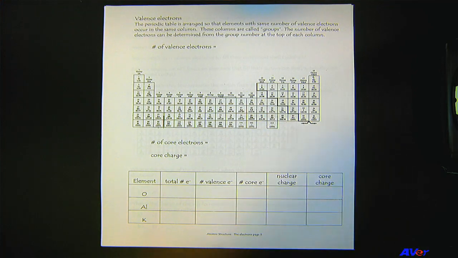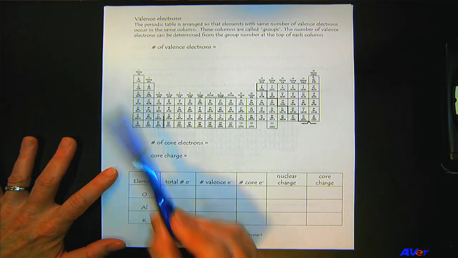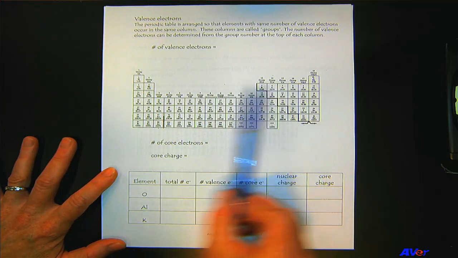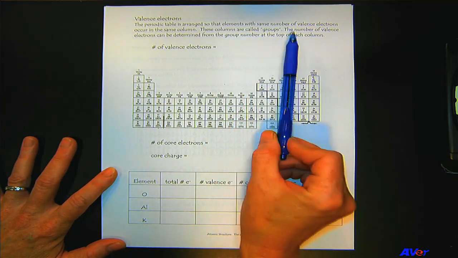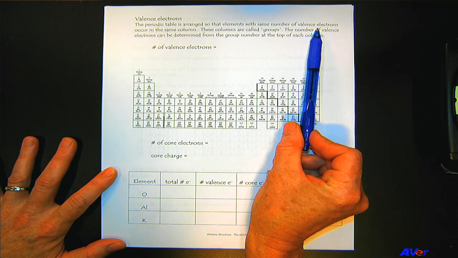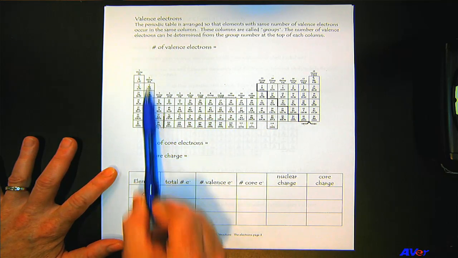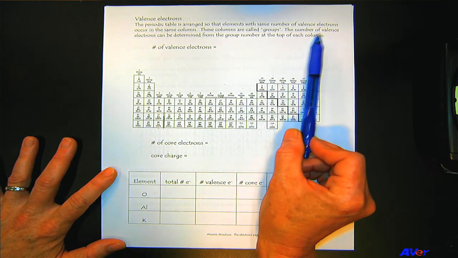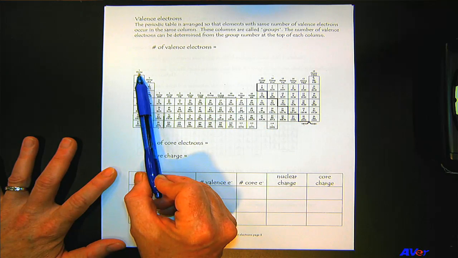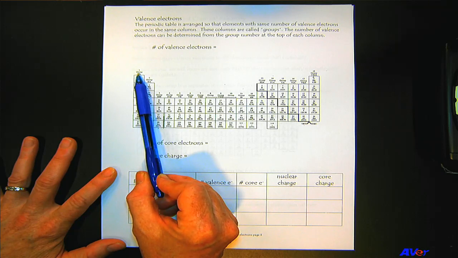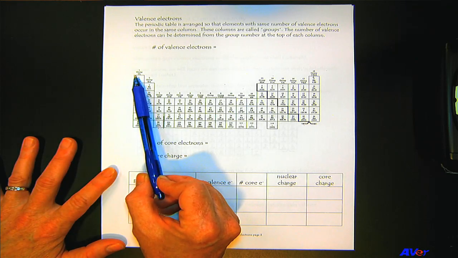Alrighty. So the cool thing is that the periodic table is arranged so that the elements with the same number of valence electrons occur in the same column. These columns are called groups. And then we can look at the group number at the top of each column to figure out the number of valence electrons.